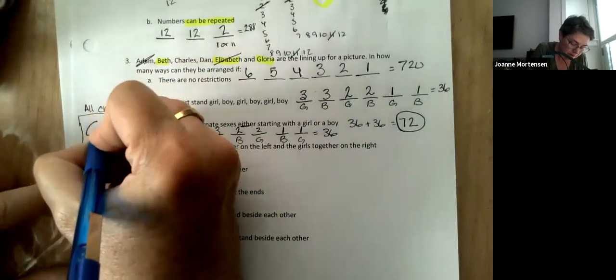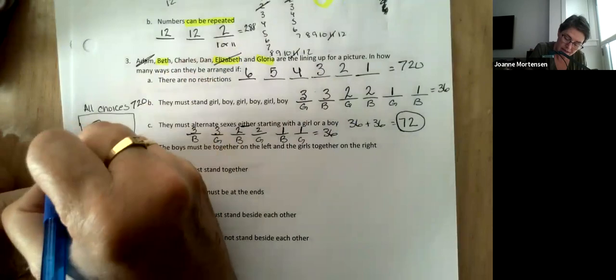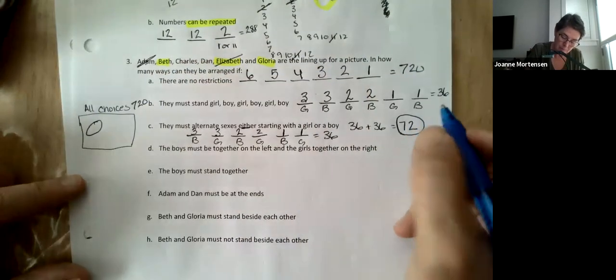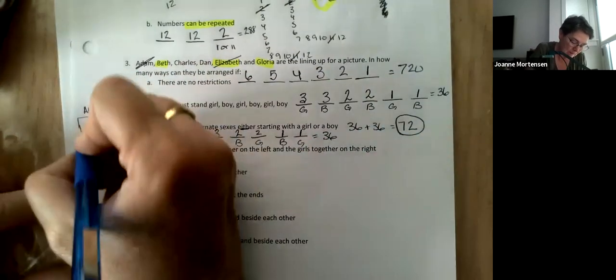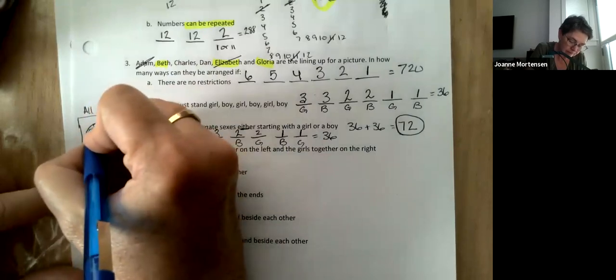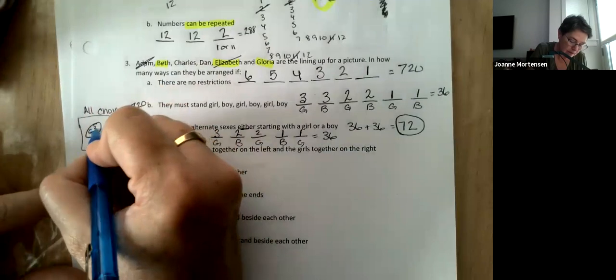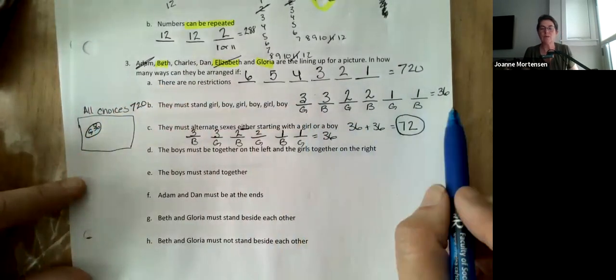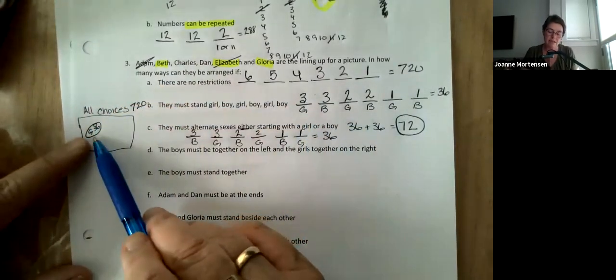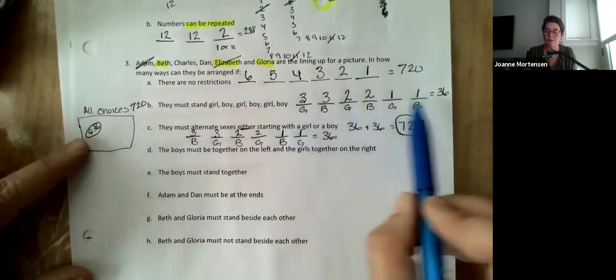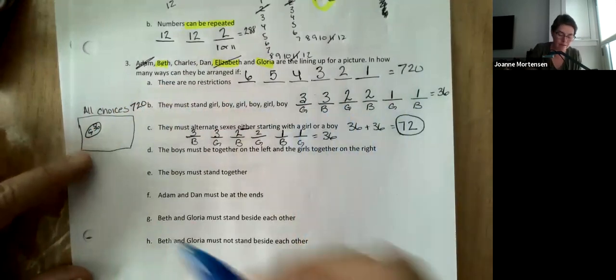Now here, there are 36 ways that they alternate, starting with girls: girl, boy, girl, boy, girl, boy. I'm making my picture too small.